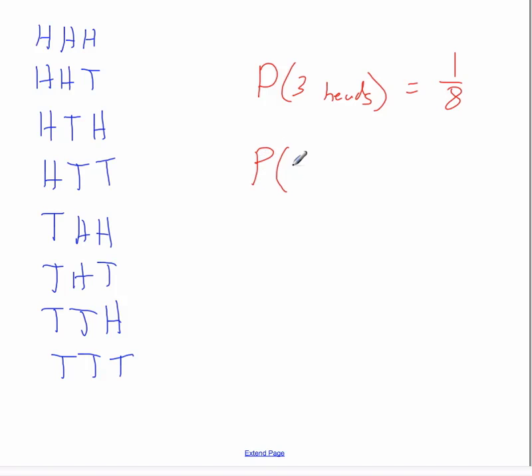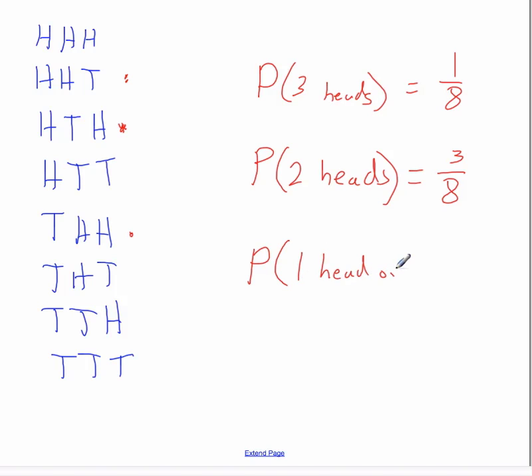What's the probability that altogether you flip 2 heads? Well, there's 1, 2, 3 total outcomes here with 2 heads, so that is 3/8. So you can work out that kind of stuff using the sample space. So you can ask what's the probability of, let's say, 1 head or 2 heads.